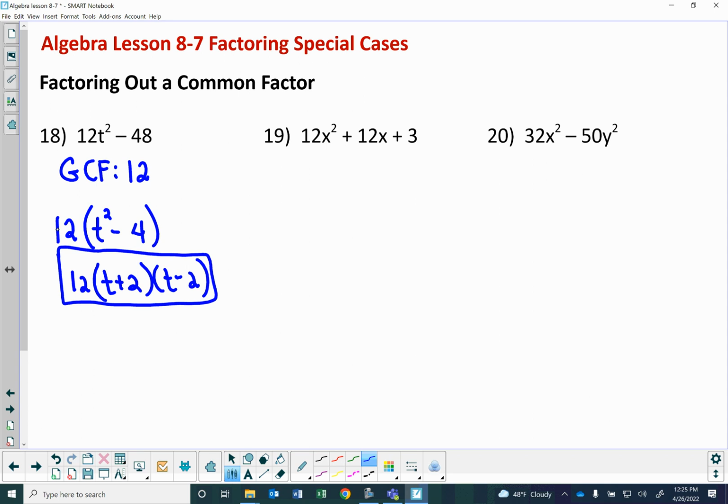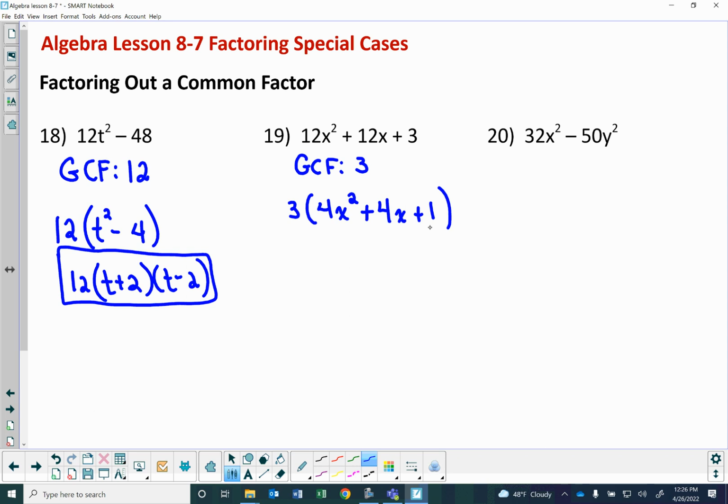Number 19, 12x squared plus 12x plus 3. Greatest common factor here would be 3. So if I take a 3 out, I get 4x squared plus 4x plus 1.